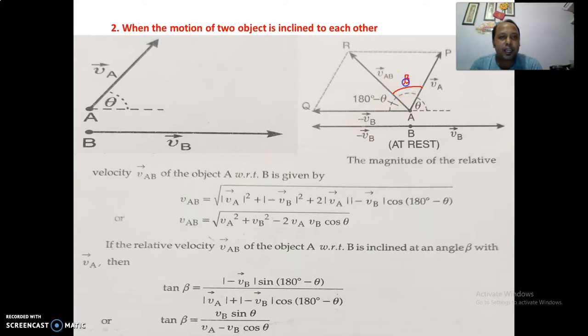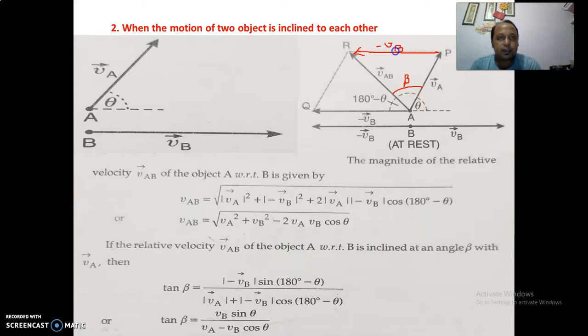So if this angle is beta, tangent beta, we know the formula for tangent beta is equal to opposite side, that is this opposite side here will be minus VB only.